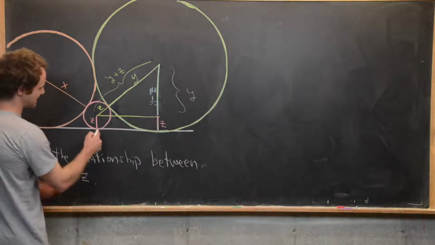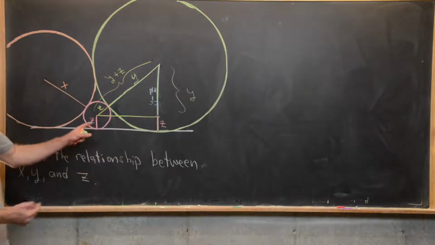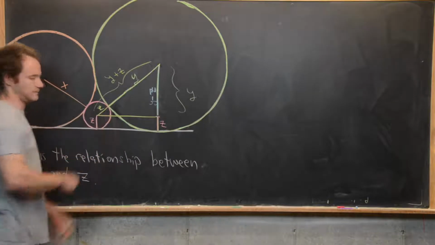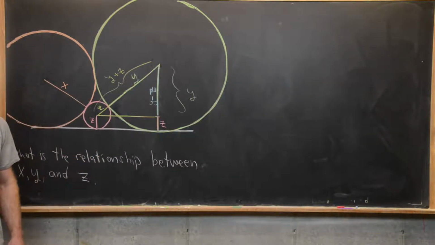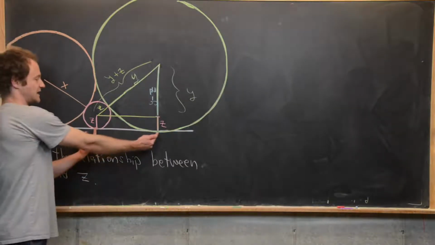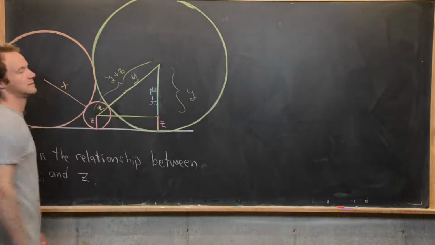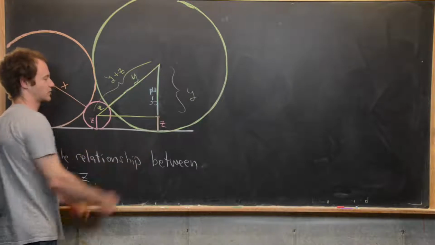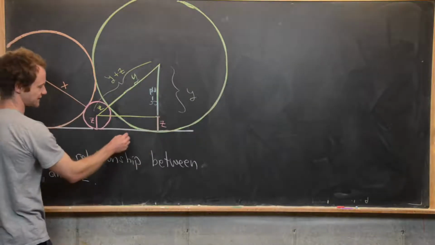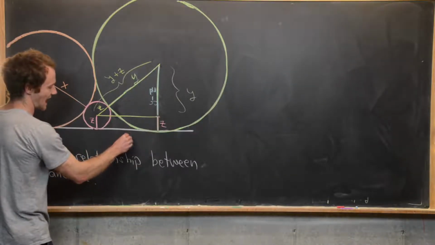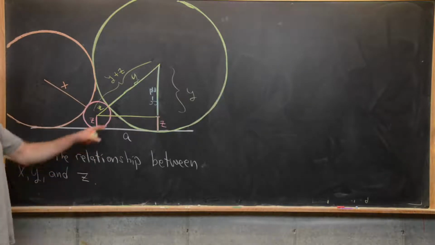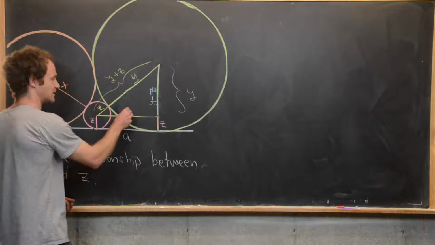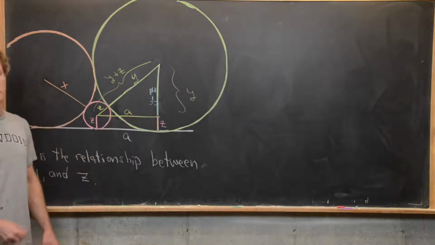Let's say the distance between the points that are projected down from the centers of these circles, let's call that A. Great. Now we can bring this A up, and that's going to be the length of this side of the triangle.